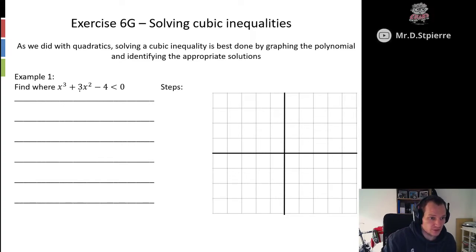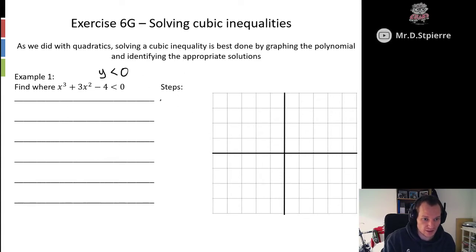We have this inequality x cubed plus 3x squared minus 4x is less than 0. So we need to find when this inequality is less than 0. So we can think of when is y less than 0. That's what we should be thinking and what we'll move to when we go to looking graphically.